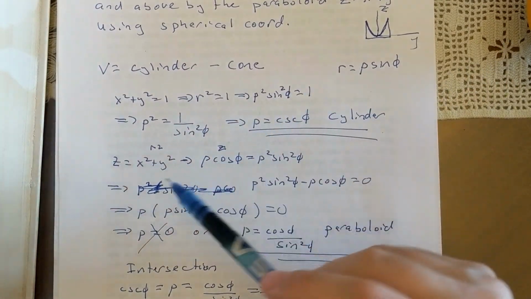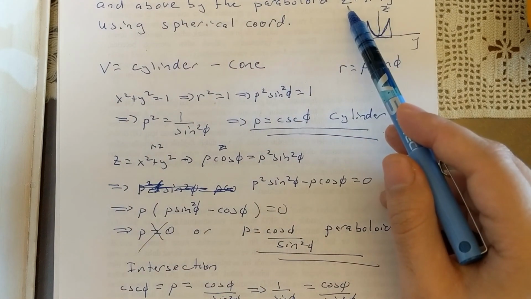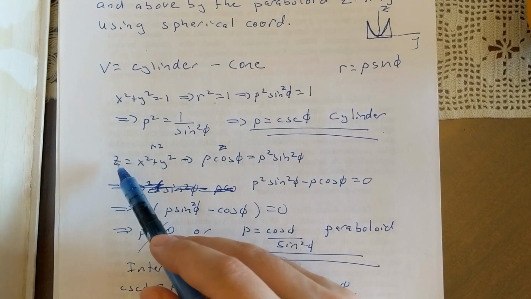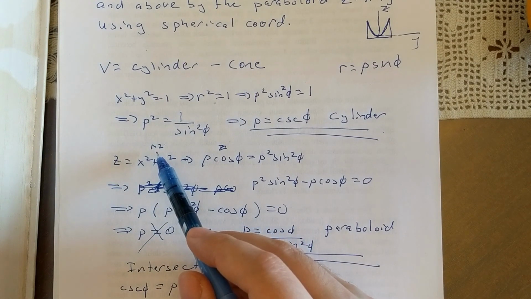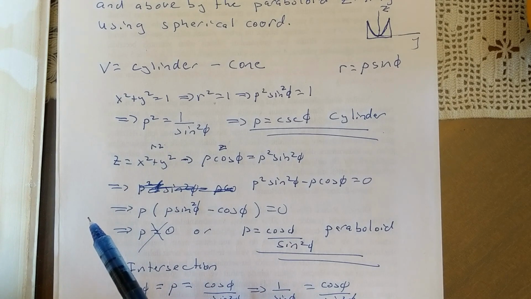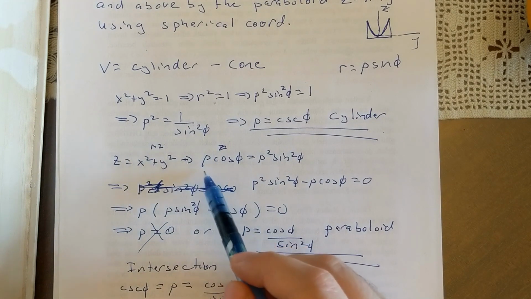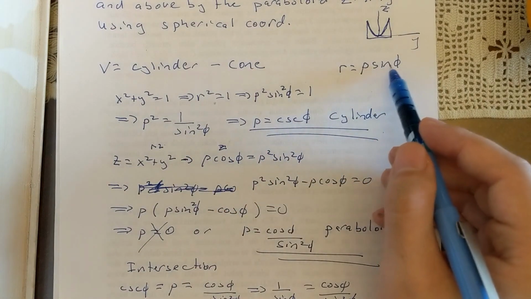Now let's go on to the paraboloid. That was z equals x squared plus y squared, so of course that's z equals r squared. Remember, z itself is rho cosine phi, and r was rho sine phi.